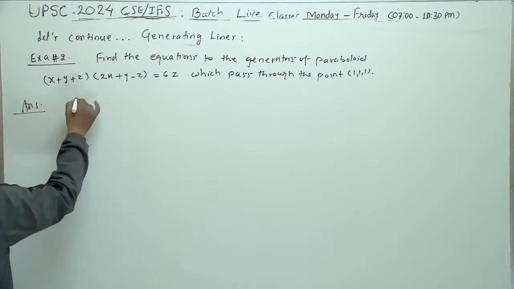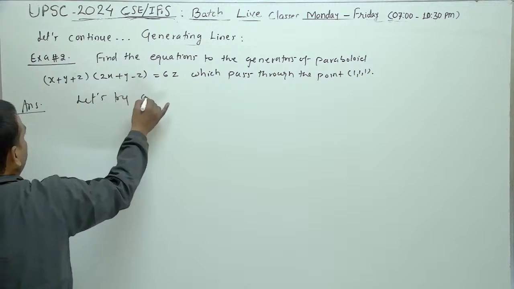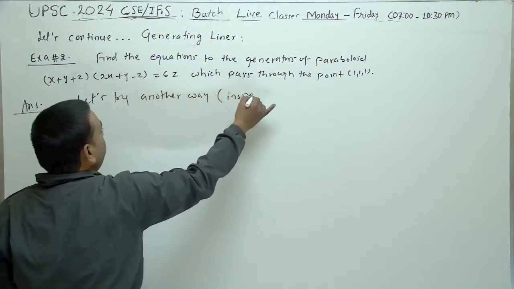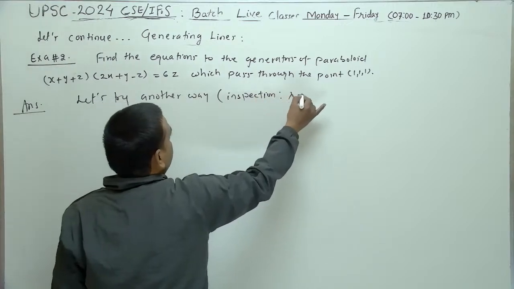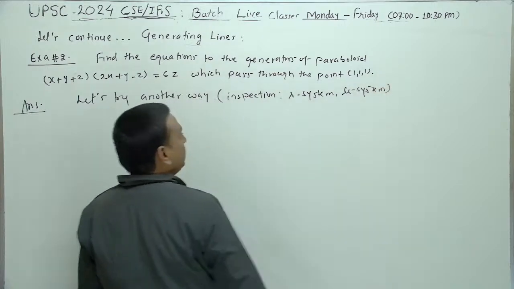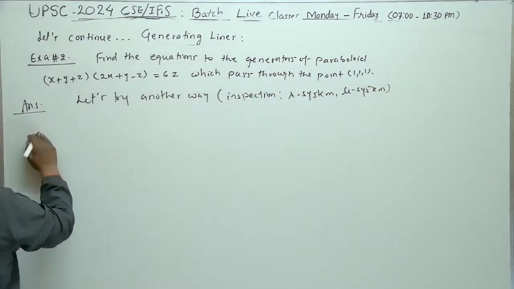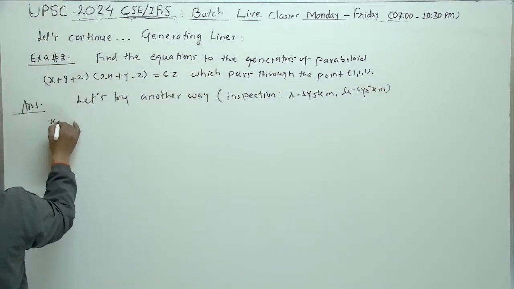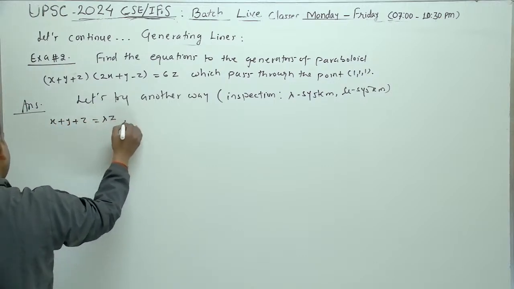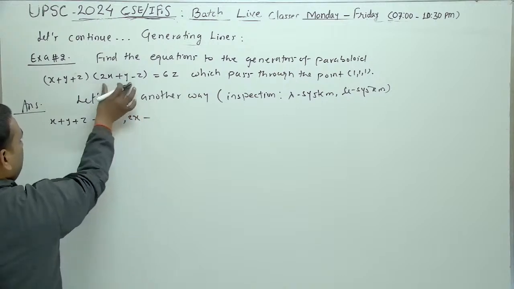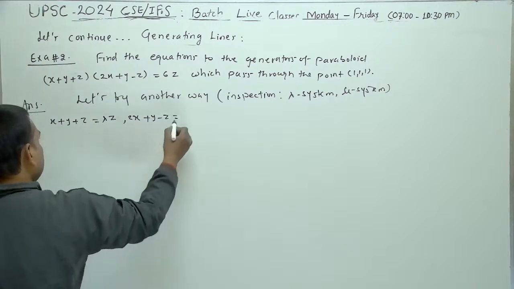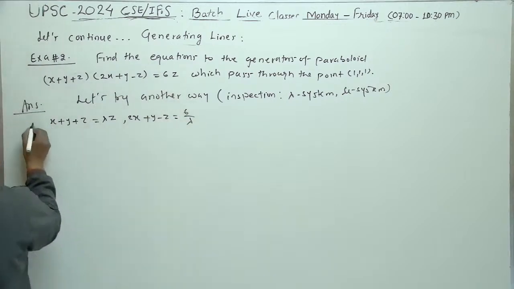So अभी क्या करते हैं, let's try another way, inspection वाला, right? Lambda system and mu system, right? चलो let's write that. सीधा सीधा दिख जाएगा यहां से. So if I take x plus y plus z equals lambda z, अगला वाला फैक्टर 2x plus y minus z equals to z upon lambda कर देंगे, तो 6 टर्म चाहिए, तो 6 upon lambda.